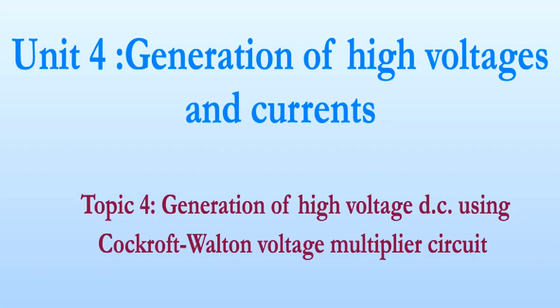From this unit, we have already discussed what a voltage multiplier circuit is, and what the advantages and disadvantages of this circuit are. For those disadvantages, we are going for the Cockcroft-Walton method. So this is the topic we are going to see in this video, that is generation of high voltage DC using Cockcroft-Walton voltage multiplier circuit.